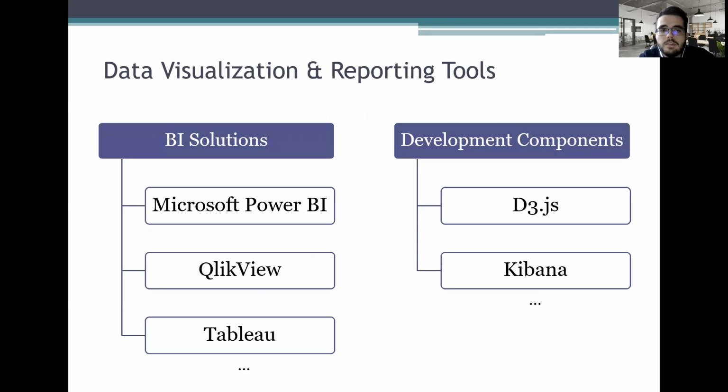And these data visualization and reporting tools can be divided simply into two branches: ready-to-use BI solutions, which are usually commercial solutions like Microsoft Power BI, QlikView, and Tableau, and other solutions, of course, available on the market.